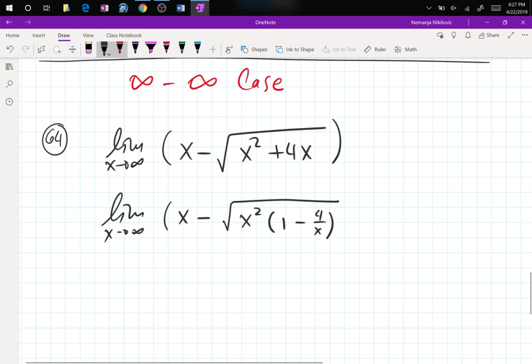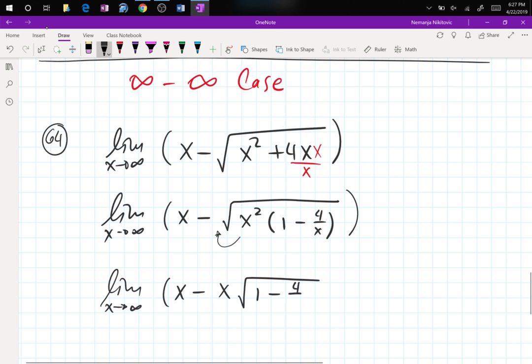What have I done? I technically multiplied and divided by x over here, so I can factor out x squared. Bueno? See. All right. So now this x squared jumps out, and it becomes x minus x square root of 1 minus 4 over x.